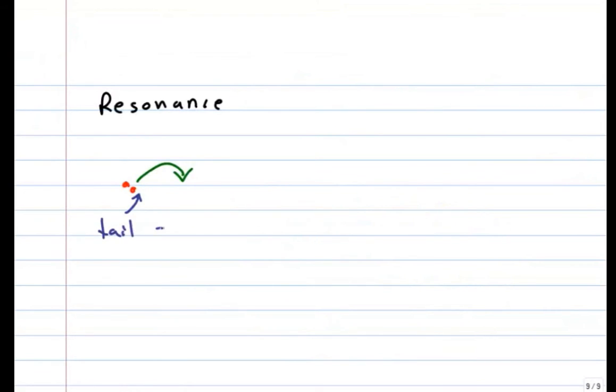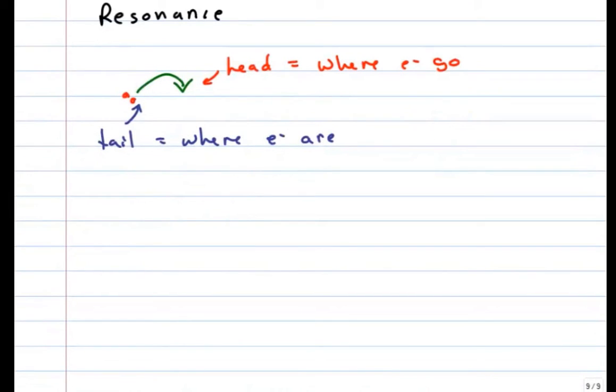So the tail is where the electrons are, and the head is where the electrons go. Never do it backwards. Never start an arrow at a hydrogen atom and make the hydrogen attack something. Hydrogen is a proton. Protons don't move. So it's always about where the electrons are and where they want to go.